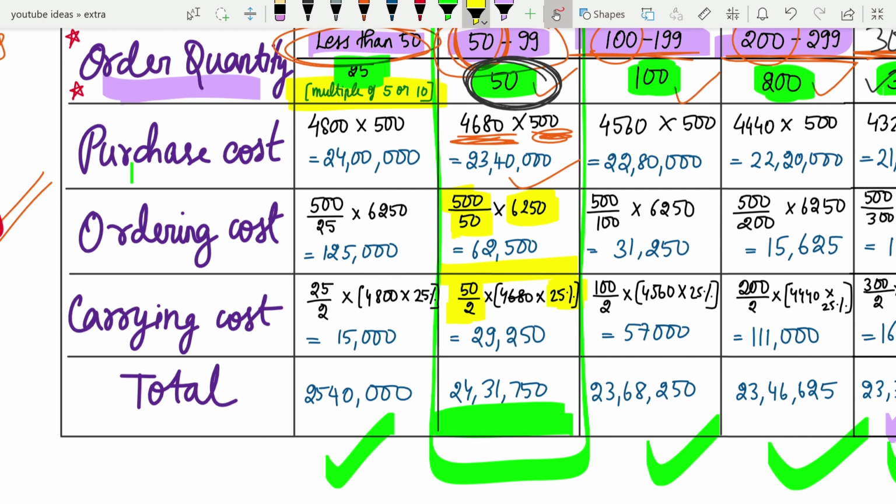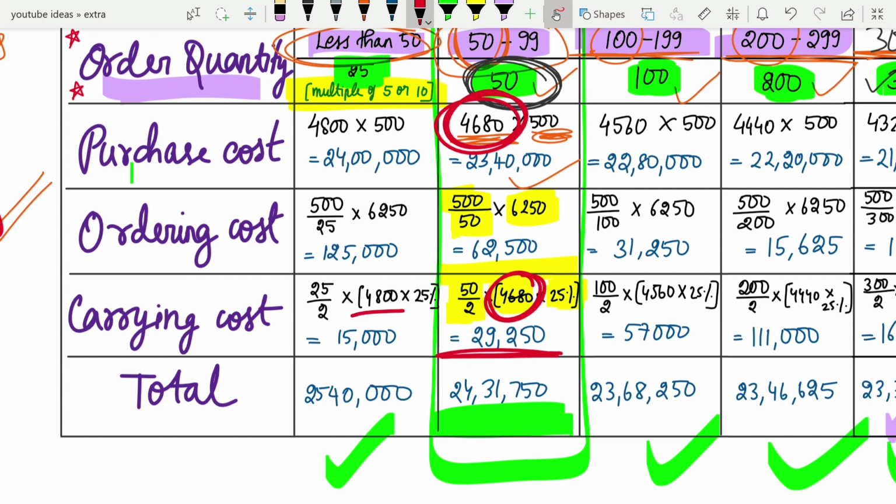It is carrying cost percentage into purchase price per unit. The purchase price is 4,680, the same purchase price you took in the first step. So 4,680 into 25%, and you will find your carrying cost.